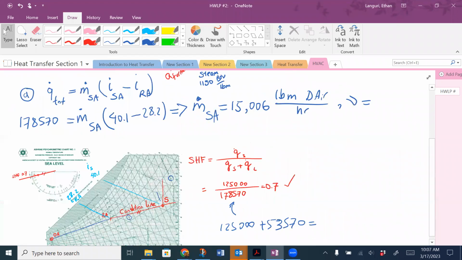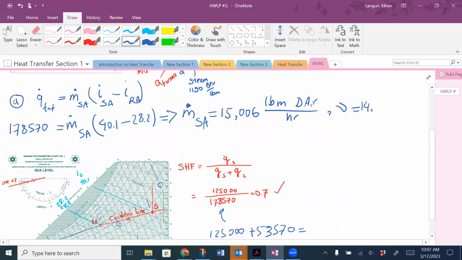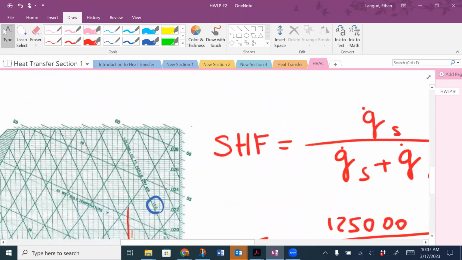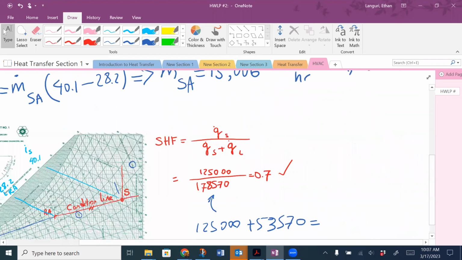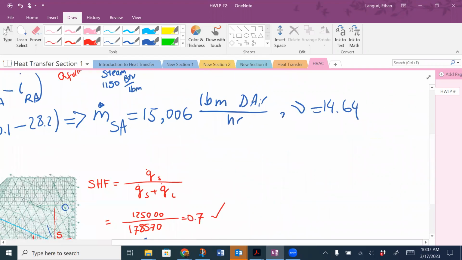Okay. So I get 14.64 for my specific volume, which is cubic foot per pound of dry air.